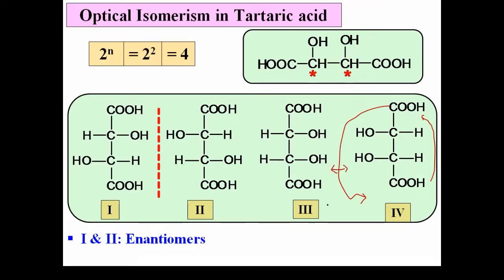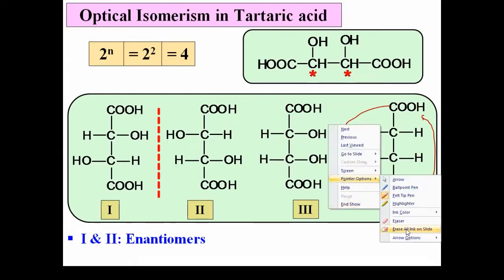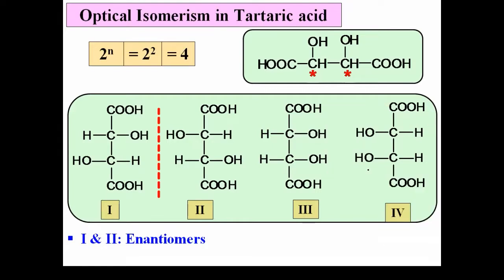That means the two stereoisomers are the same. Thus tartaric acid exists as only 3 stereoisomers. Earlier we said by the formula that there are 4 possible stereoisomers, but the third and fourth are not different.